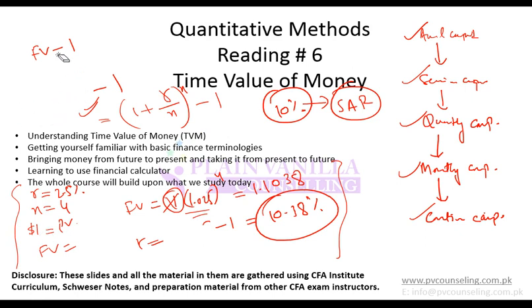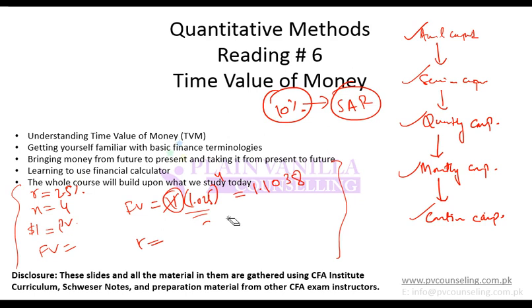Doing the same example using your calculator, you can use these same variables, that is 10 divided by 4, 2.5, and in 1 year you have 4 periods, so number of periods 4, and you can plug it into your calculator.